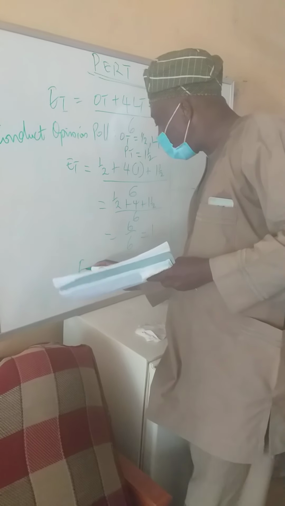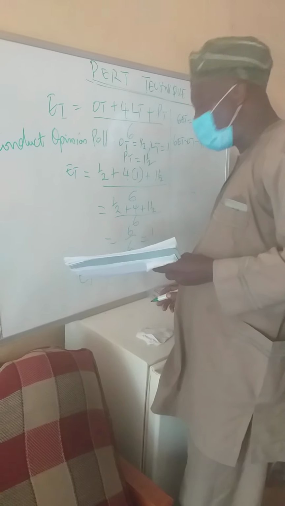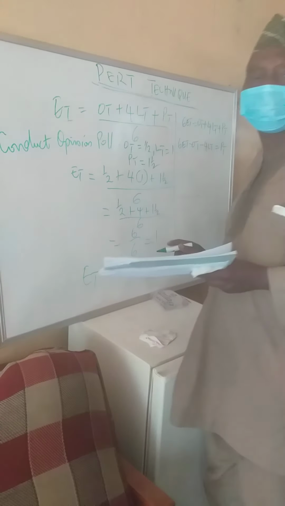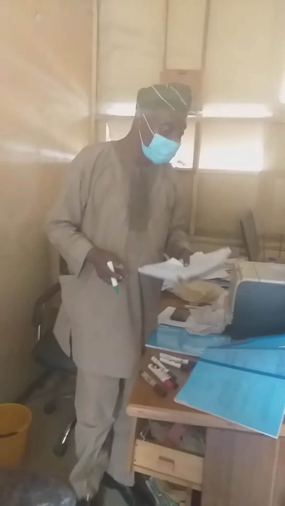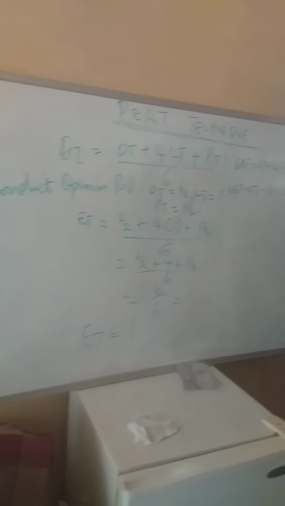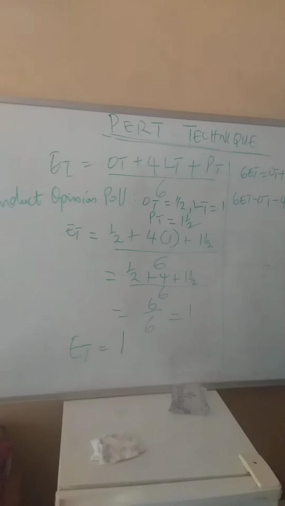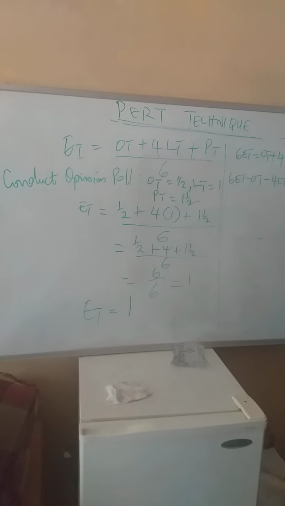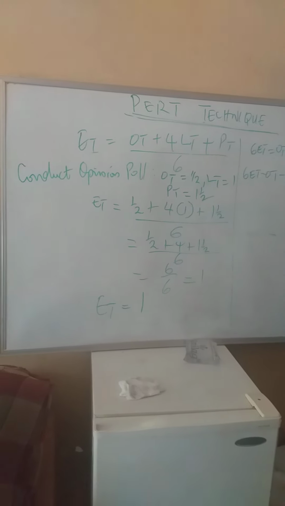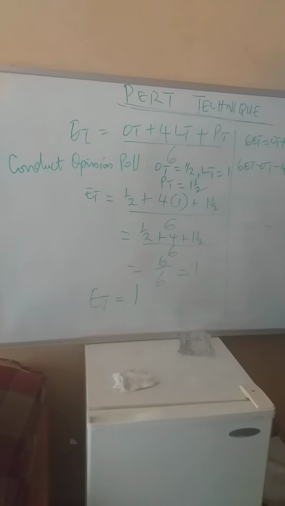So the expected time to conduct the opinion poll is 1 month. If this is in months, yours can be in weeks or years, whatever. If all our times are in months, then the expected time to conduct the opinion poll is 1 month, after getting the average of the other times.